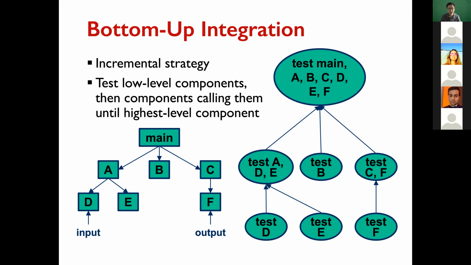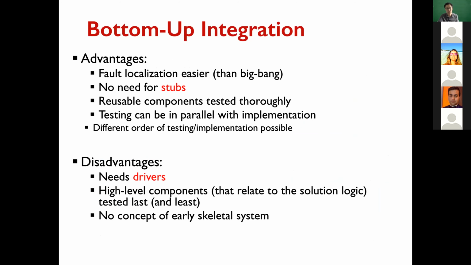Okay, look here. When we test, for example, D and E and F, because we need something to call them, to invoke them, we need drivers to replace A and C, right? Advantages.